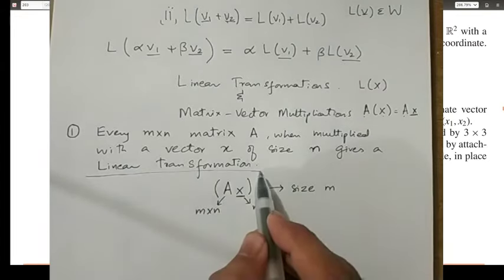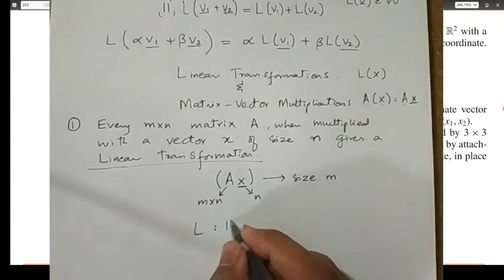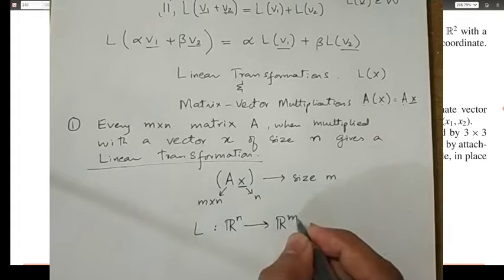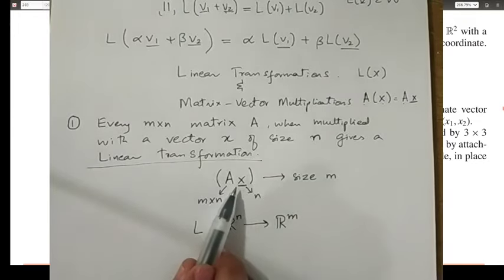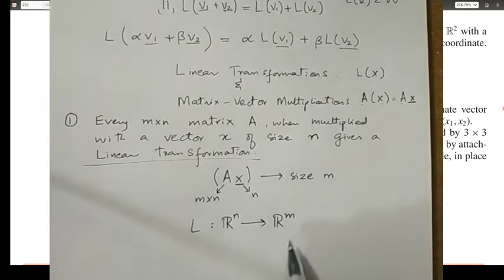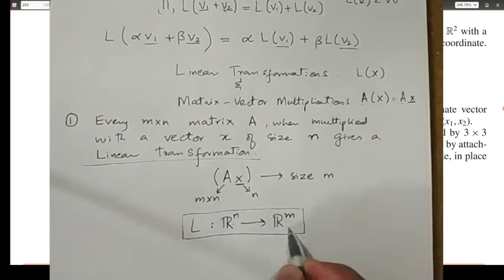And what linear transformation does it give? It gives a linear transformation from the space Rn to Rm, because you're multiplying it with a vector in Rn, of size n, and you're getting a result which is of size m. So the linear transformation is from the n-dimensional real space to the m-dimensional real space.